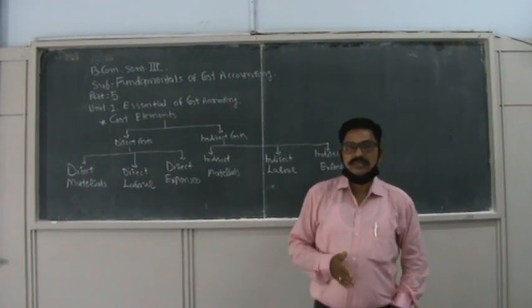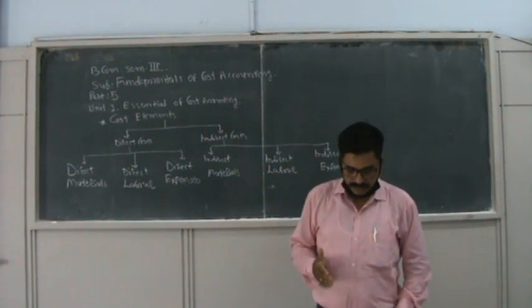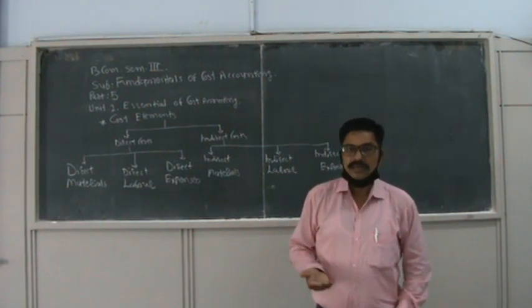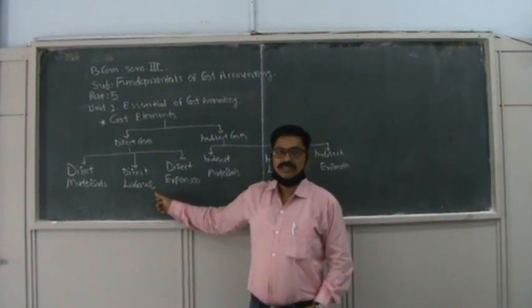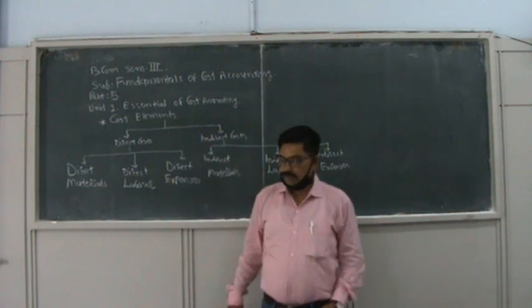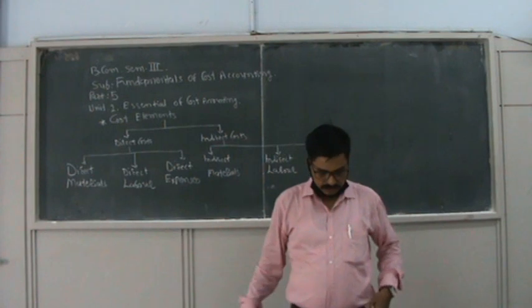Without the help of these direct laborers, we can't do production, right? So the machine operator's wages are direct wages. Direct wages are one of the contents of direct cost, or we can say cost elements, right?